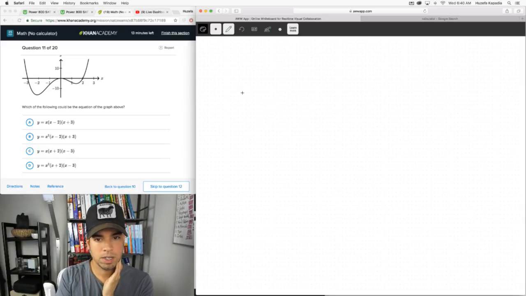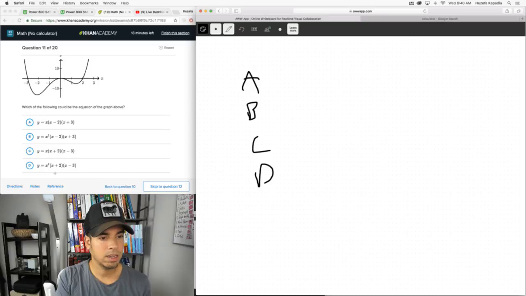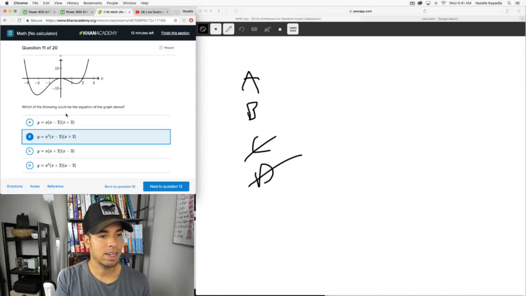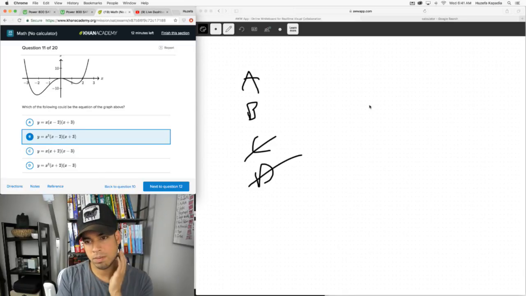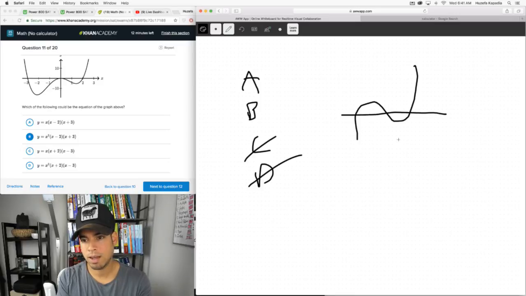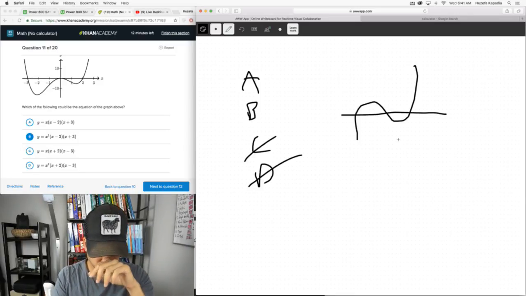So let's eliminate it. A, B, C, D. So we can eliminate this one and this one on the basis that the zeros are wrong. And then between A and B, I'm going with B because the power is wrong. With something to the 3rd power, it's going to go like this, right? It should have, at most, 3 intercept values.